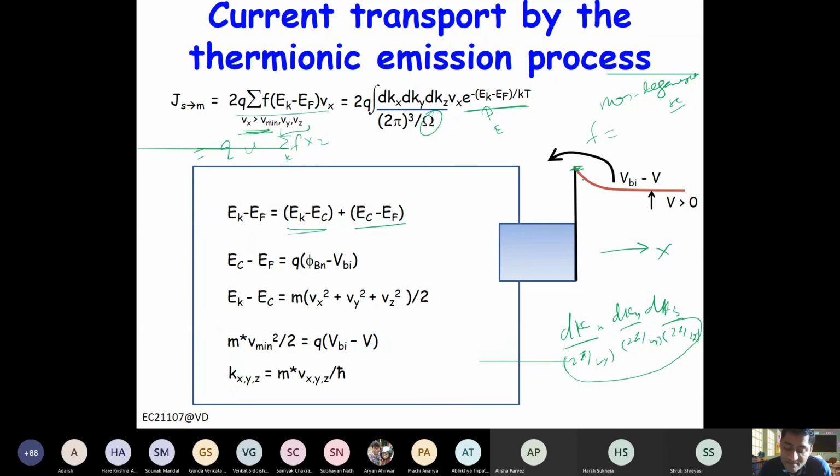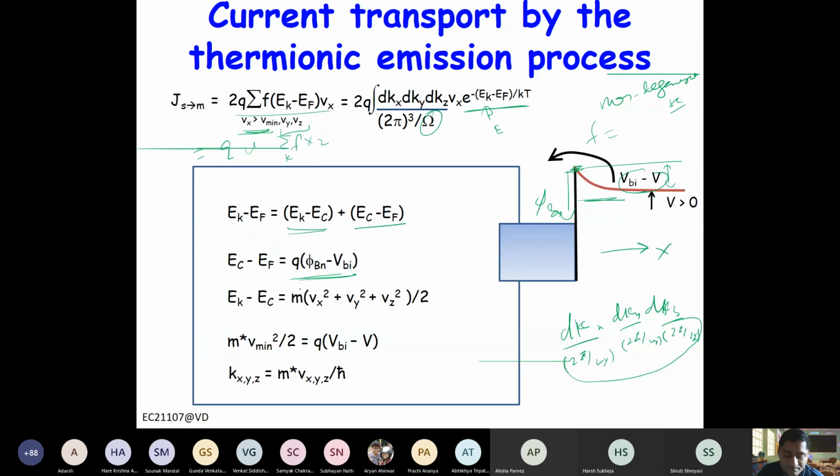And of course, Ec minus Ef, where the Fermi level is here, is related to the barrier and the built-in potential, because this is q phi Bn and this is Vbi, right? If you apply the bias, then Vbi will change to Vbi minus V, right? So Ec minus Ef is basically q phi Bn minus Vbi.